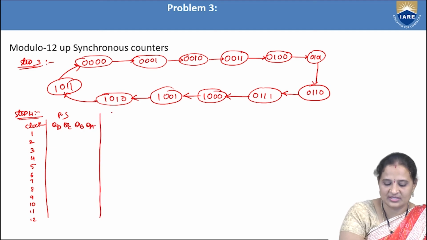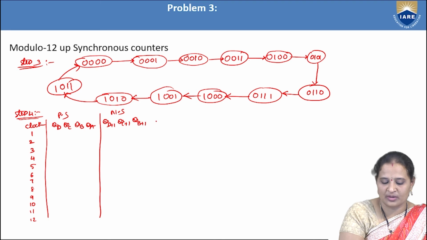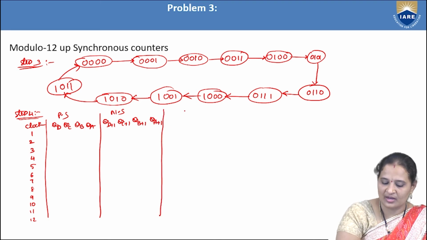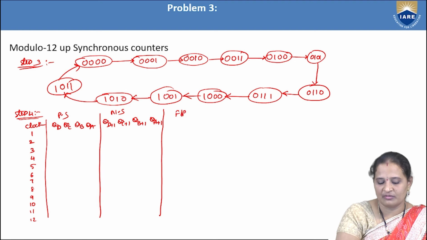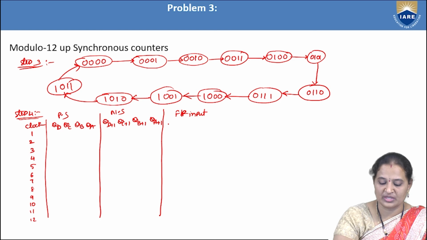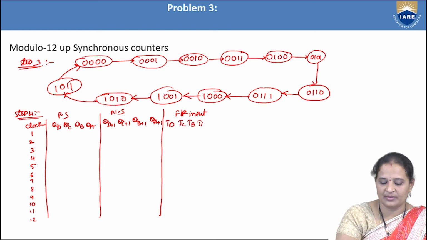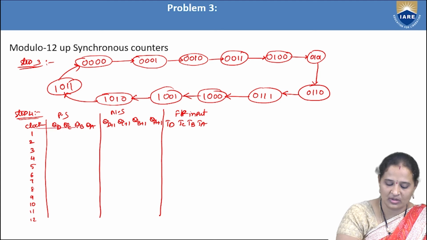And the next states I have considered as QD plus 1, QC plus 1, QB plus 1, and then QA plus 1. And the flip-flop inputs: as we have the T flip-flop, a single-input flip-flop, they are TD, TC, TB, TA. So this is about the excitation table, right?